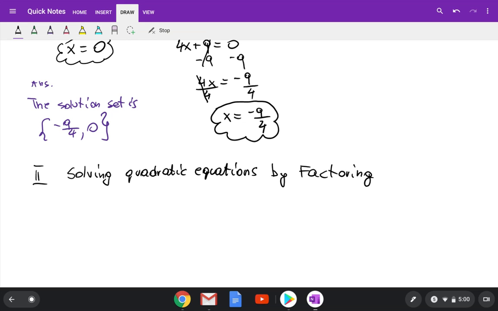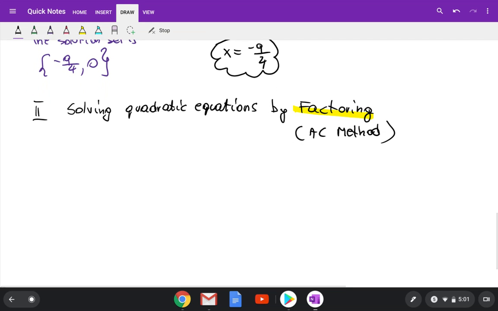We spent so much time on the AC method, so guess what? You're going to use that method again. In parentheses, I will put AC method because that's the one which I teach you. Like I mentioned in previous sections, if you like to factor a quadratic equation using a different type of method, I'm okay with it as long as your factors are correct.